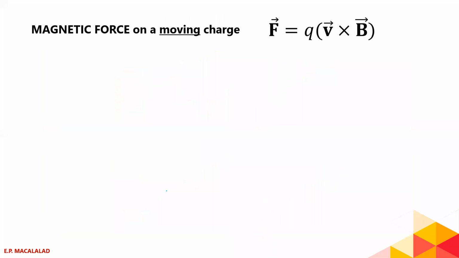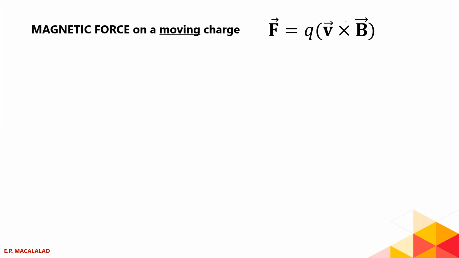Mathematically, it's given by this equation: F equals Q times V cross B. Q is the charge, V is the velocity, so you have to know both the speed and the direction of your charge. B is the magnetic field vector, so we have to know the magnetic field strength and the direction of the magnetic field where your charge is located.